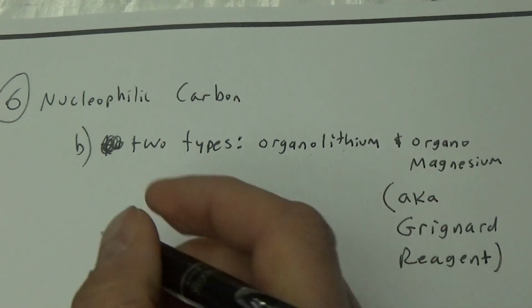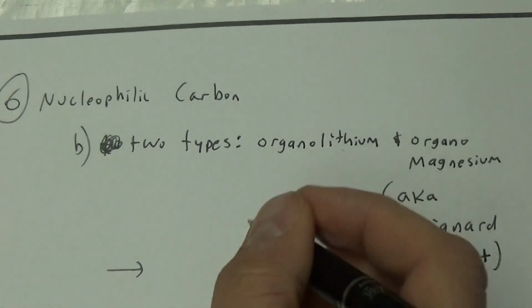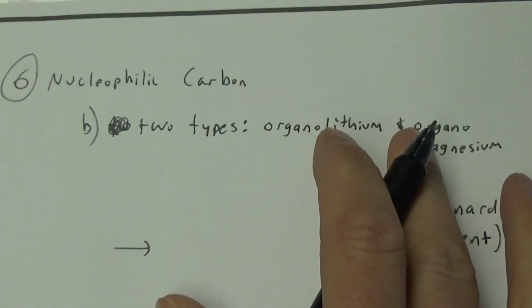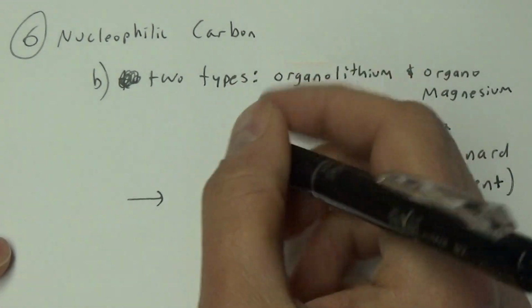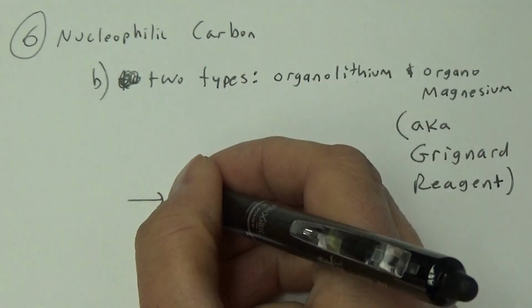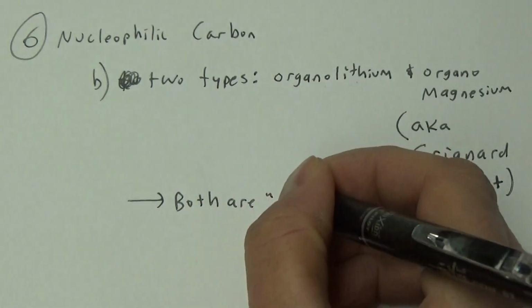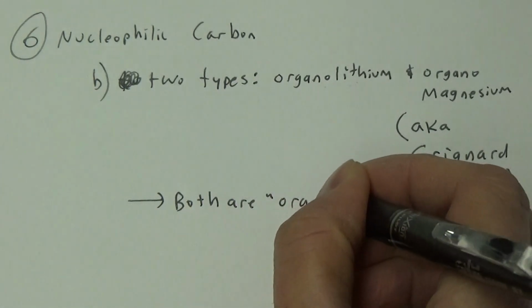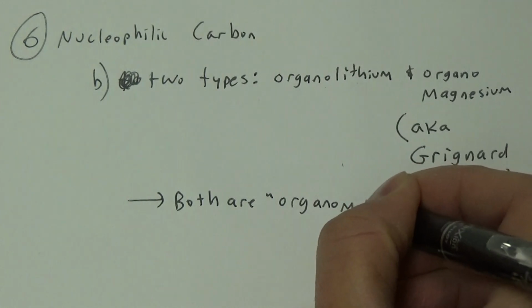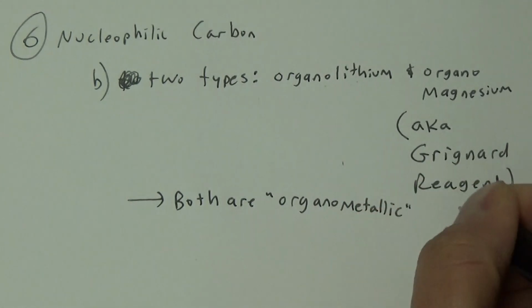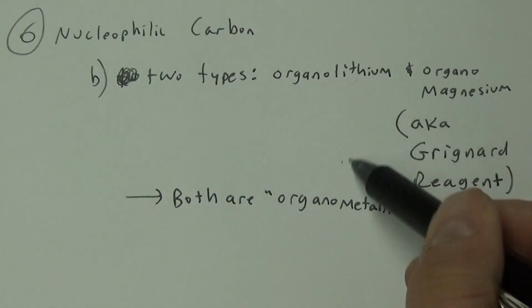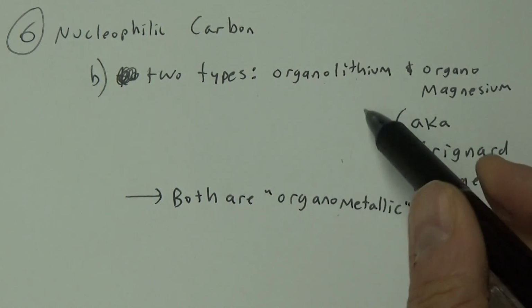And so both of these types of reagents are organometallic. What does organometallic mean? Well, carbon with a metal on it.